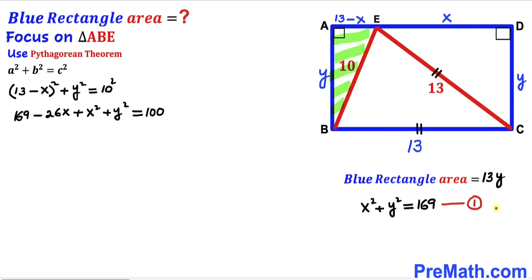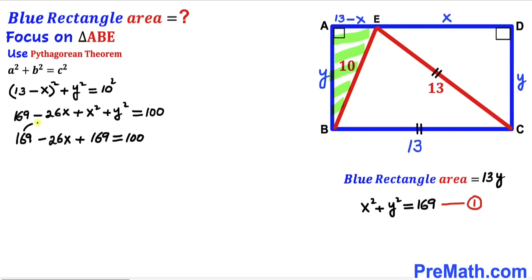Now let's focus on equation 1. We know x squared plus y squared is 169, and we substitute that value over here. So we can write 169 minus 26x plus this whole thing, which is simply 169, equals 100.